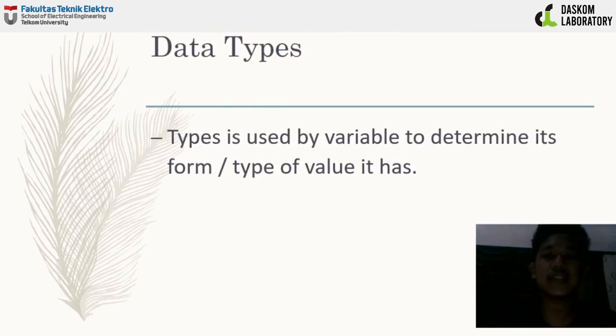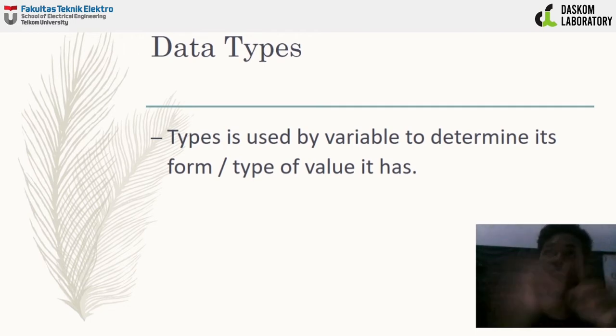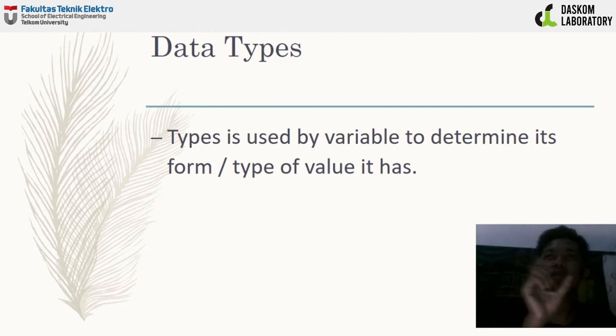Next is the data type. Those variables that you made must have a data type. A data type is used by a variable to determine the form or type of value it has. For the variable you choose, like variable name, you think: what should this variable contain?